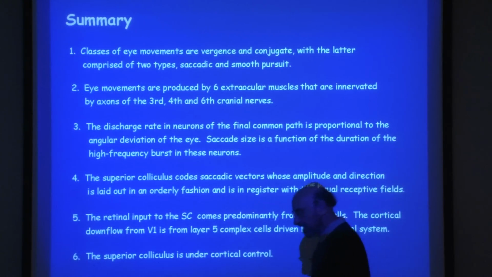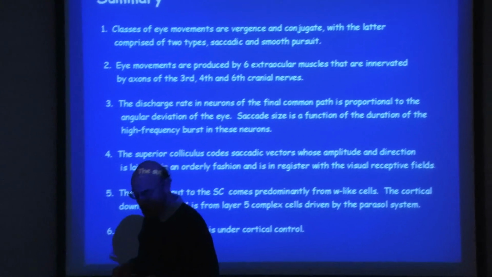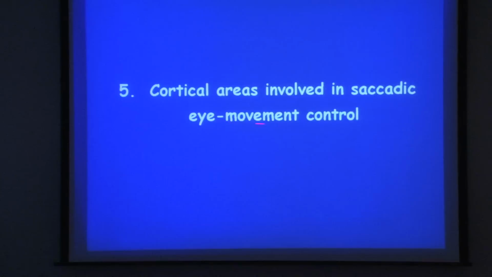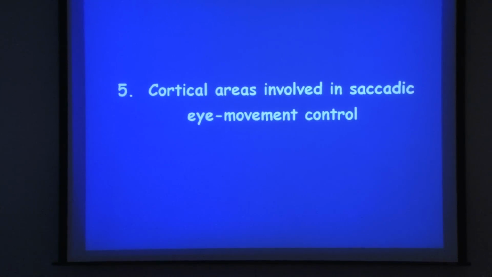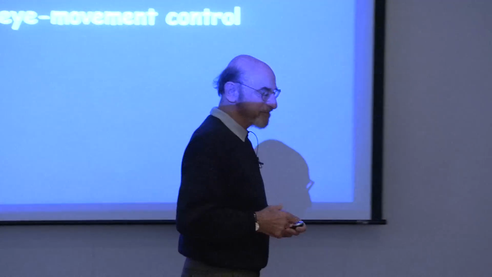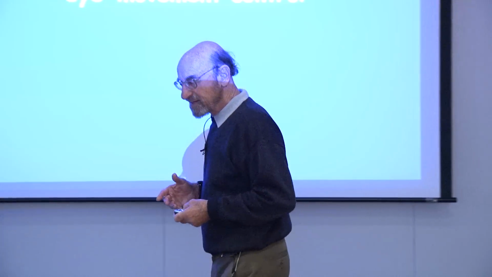And the next time we are going to talk about the cortical areas involved in saccadic eye movement control, which will then highlight the fact that this incessant activity of us moving the eyes is incredibly elaborate and complicated. There are millions of neurons involved in doing it, and yet it's such an incredible system that is something we never even think about.